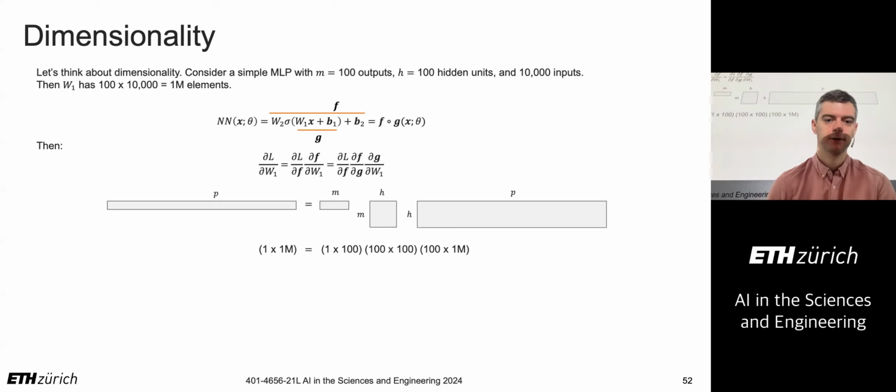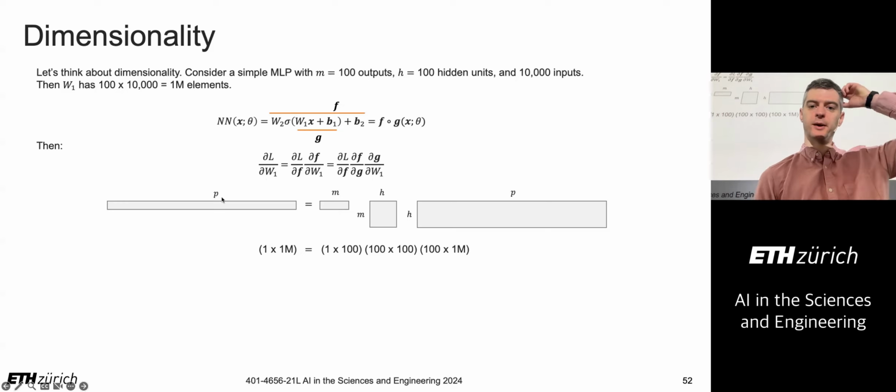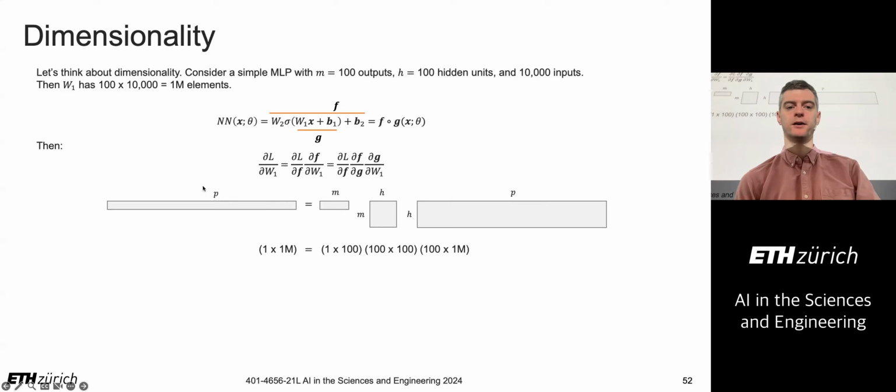Okay, so let me draw that out as the actual matrices involved here, because it is very useful to see it as a drawing. So dl by dw1 is the same shape as the weights, or has the same number of elements as the weights. Let's say we have p parameters in our neural network here.